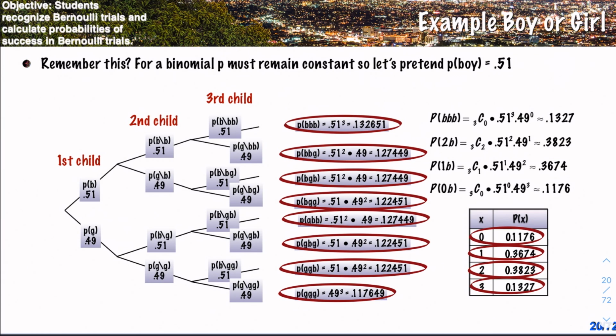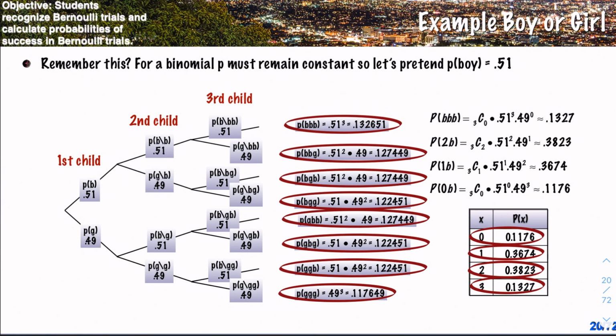And if we type that in, then we also see that we get the same probability. Now we could, if you really wanted to, go back to writing out a tree diagram and listing out all of these. And for a binomial, p must remain constant. So let's pretend the probability of getting a boy in our example that we did a long time ago is 0.51. So you have your first child, 0.51 for a boy, 0.49 for a girl. Then the second child, 0.51, then 0.49.